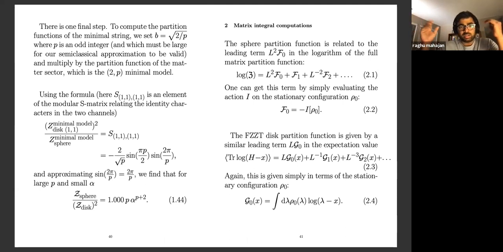P was the integer. So the first non-trivial theory is the 2,3 theory, which is the pure gravity. One can get the pure gravity point by taking a potential which is m squared plus m to the fourth, and then adjusting the coefficients to go to the double scaling limit.